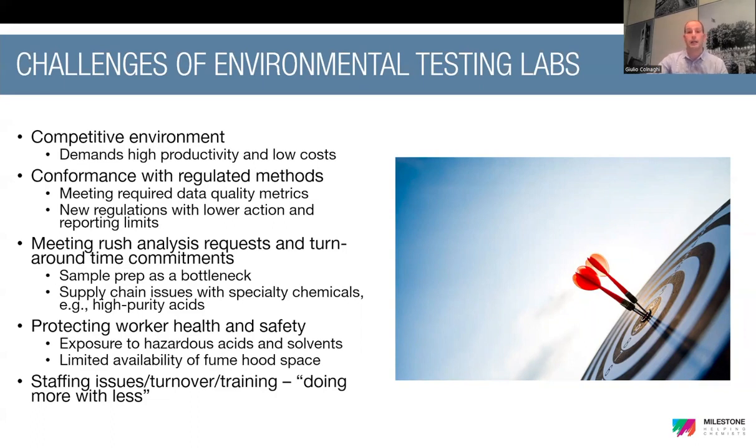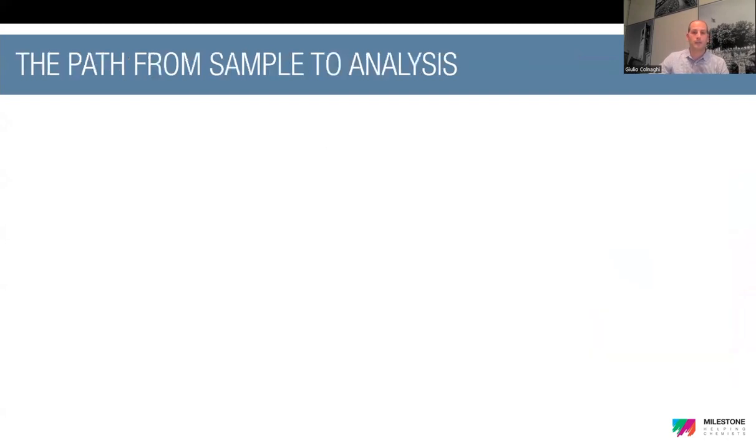Also, the staff suffers from high turnover, and often those laboratories have to do more with less. So it's a very complicated environment in which the lab has to operate, and therefore looking at new solutions and looking to address the entire workflow is pivotal to secure a better balance for the lab.